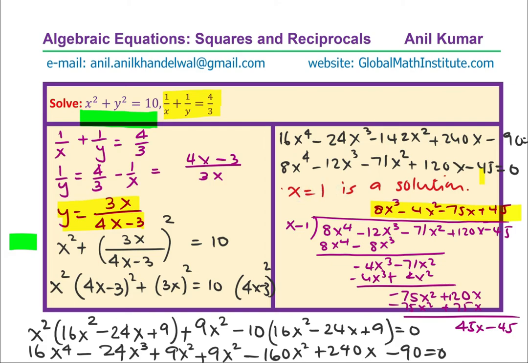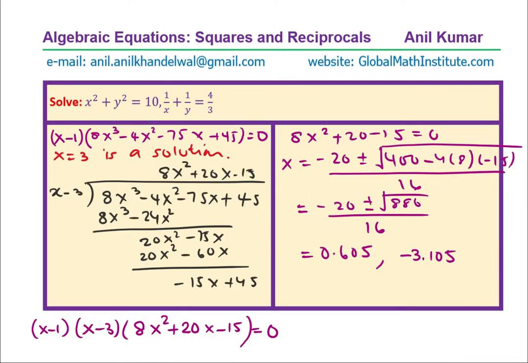So x equals 1 gave us a 0, x equals 3 also gives us a 0. Dividing in sequence by x minus 1 and then by x minus 3 helped us to factor the whole equation. And the last factor, which was quadratic in nature, we used the quadratic formula to find the solution.